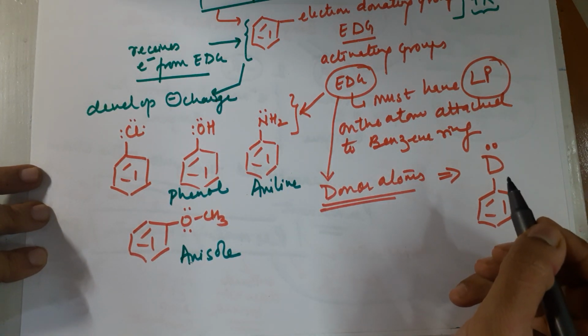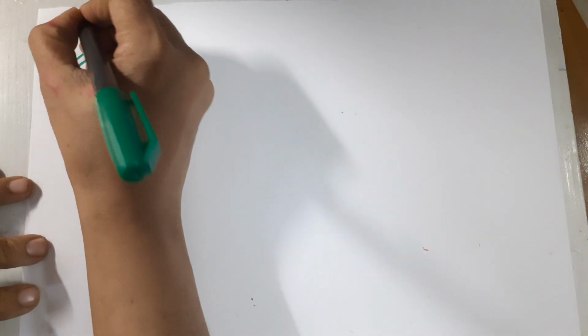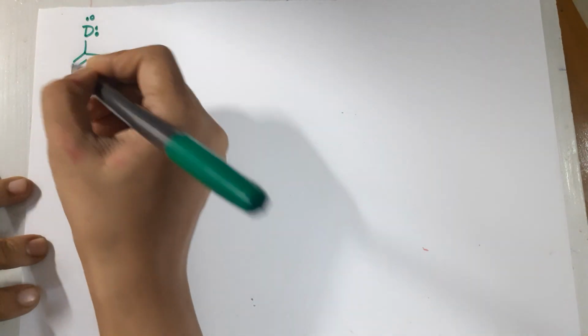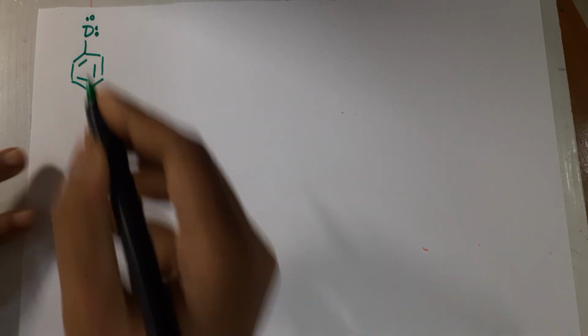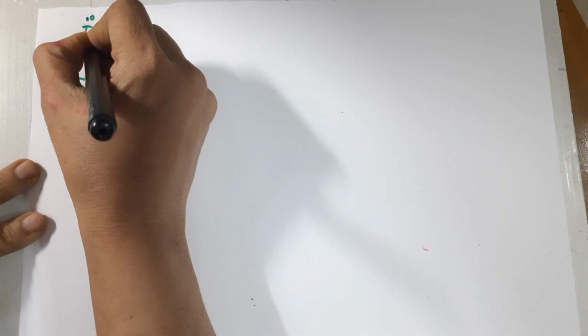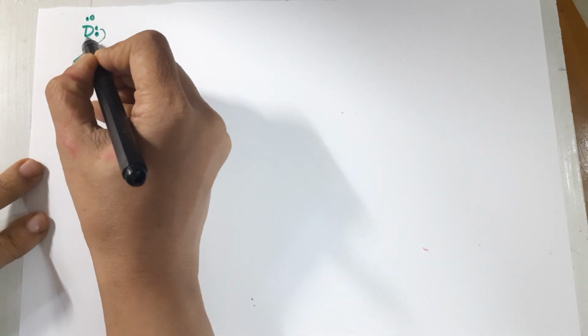Now, I would help you to draw the resonating structures. Let's say your donor atom has 2 lone pairs on it. Now, this is going to act as an electron donating group, and the lone pair of electrons will be donated here. Is that okay? Now if this lone pair moves towards here, you will get a double bond here.